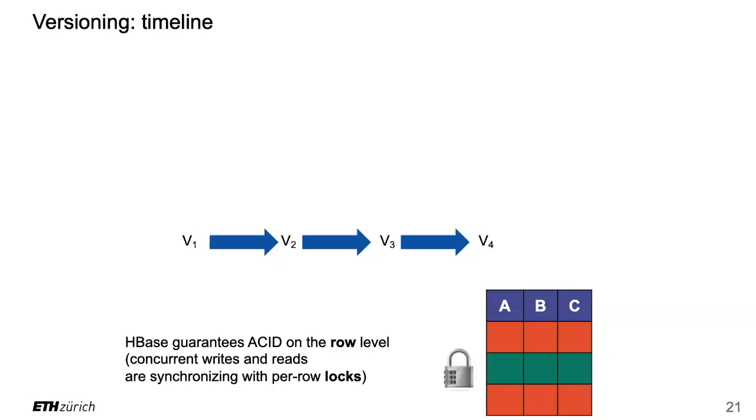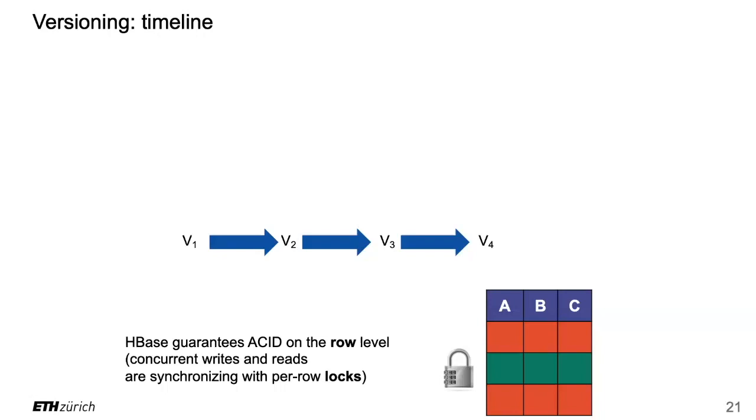And because we have a memory of the past, it means that we have a linear view over the data. That means that it shouldn't be confused with Dynamo, where we had these vector clocks where we could become inconsistent or not atomically consistent. HBase is different. It really enforces this linear timeline. So it's consistent.